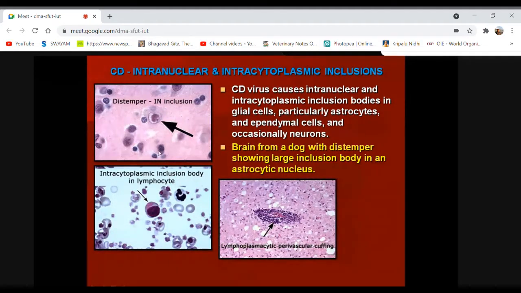Both intranuclear as well as intracytoplasmic inclusion bodies are present in the respiratory epithelial cells, in the GI tract epithelium or urinary tract, or sometimes in the glial cells in the brain. Perivascular cuffing means that when you make sections of the brain, you will find aggregation or infiltration of lymphocytic cells just around the vessels. So these are very important.